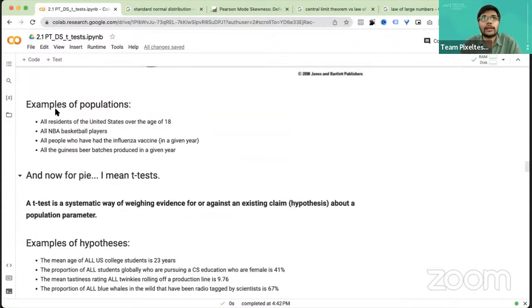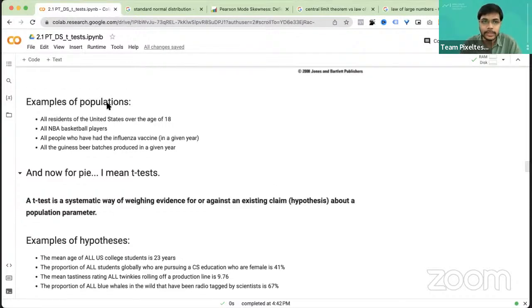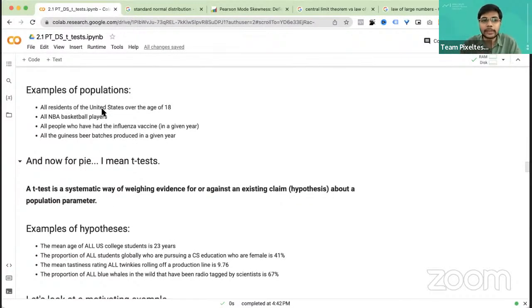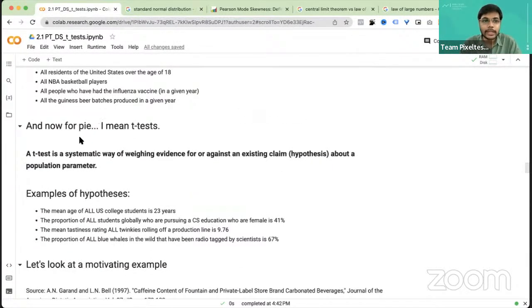If we're talking about one data set, which is all people between ages 18 to 45 or 60, this could be a larger set. That is what we're talking about, a population, right? So a bigger set is nothing but a population, right? And now for pi, what we mean here is the particular single test.